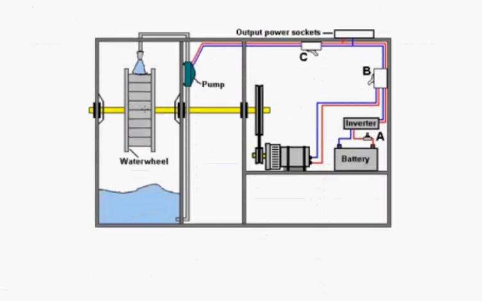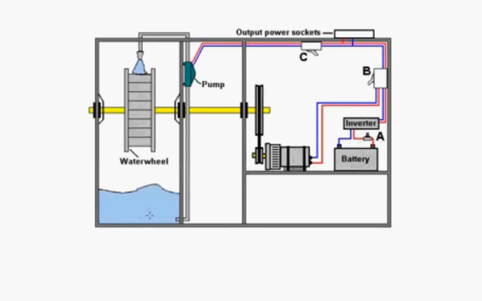He's actually patented this, but the way that it works is the pump is initially powered by the mains power from an inverter, powered by a battery through a press to make button switch. It goes through a switch and powers the pump.